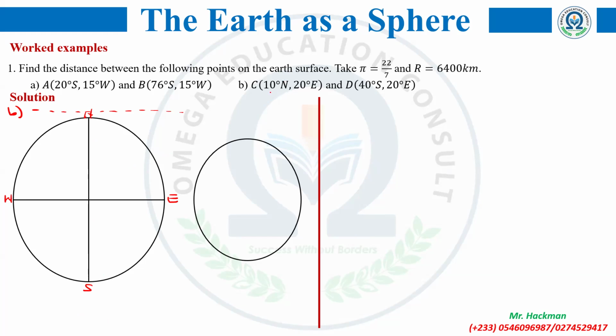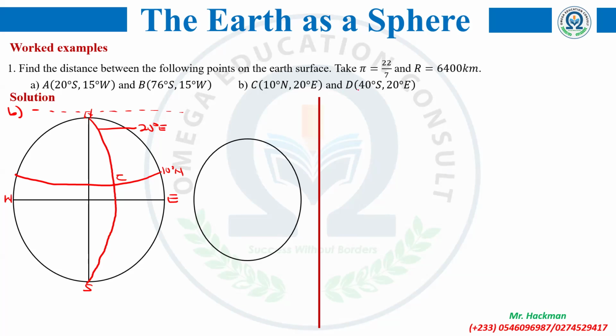Now C is 10 degrees north, and the 20 degrees was east, so that will be our longitude. Longitude 20 degrees east. This is where your C will be.